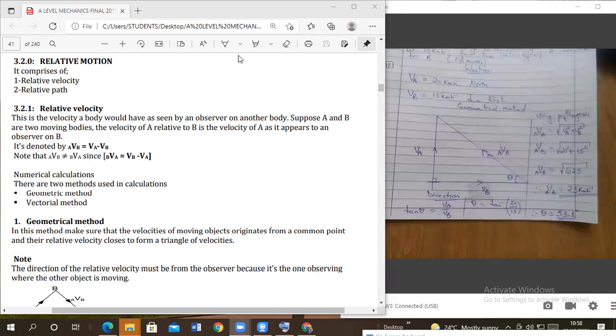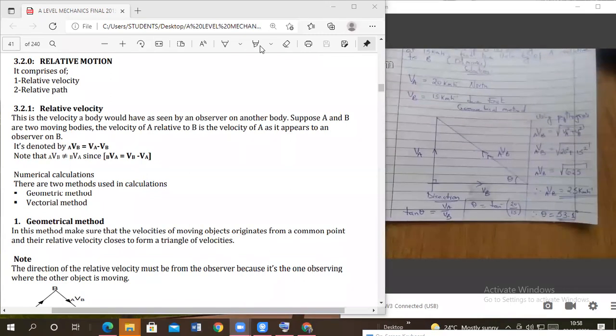I want to get one under relative path, but I'm not seeing it. Maybe I will look for them, then I send you on WhatsApp, okay? So for relative path, that's what you need to do.